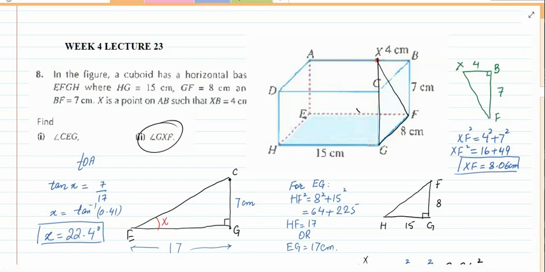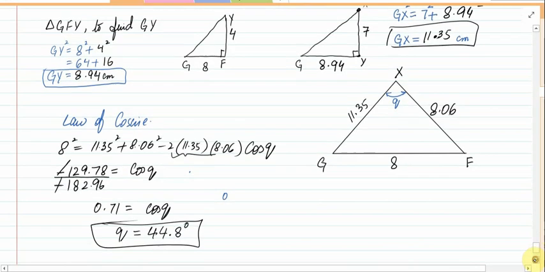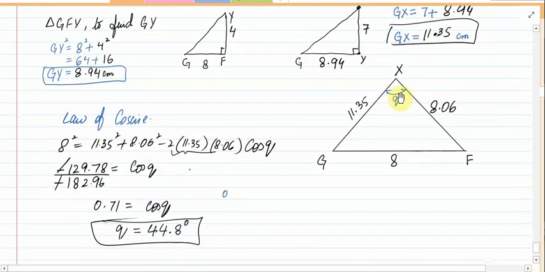So to find the value of GXF, I only have the value of GF. Then I find the value of FX, like right here, right? I find the value of FX, and then I find the value of GX by making another triangle that I had discussed in the solution. And once we have the value of GX and XF, I apply the law of cosine, right, to find the value of this unknown angle.